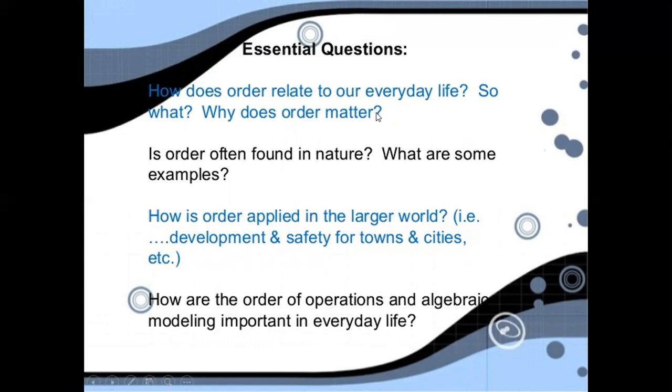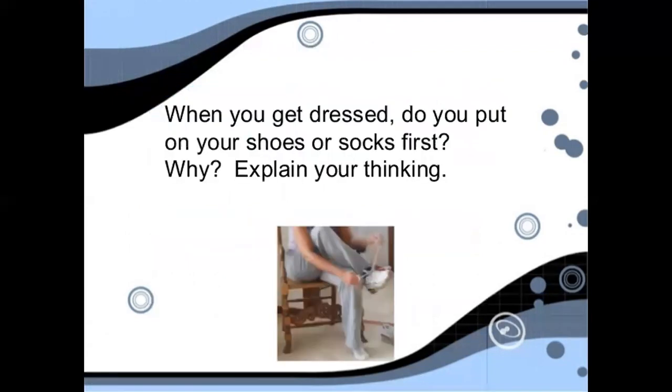Okay, let's take an example. Here is a question for you. When you get dressed, do you put on your shoes or socks first? We all know what we have to do first. That's an order, that's a sequence. When you plan something, when you want to start something, you must have a planning, you must have a sequence to follow, and then you will start your task.